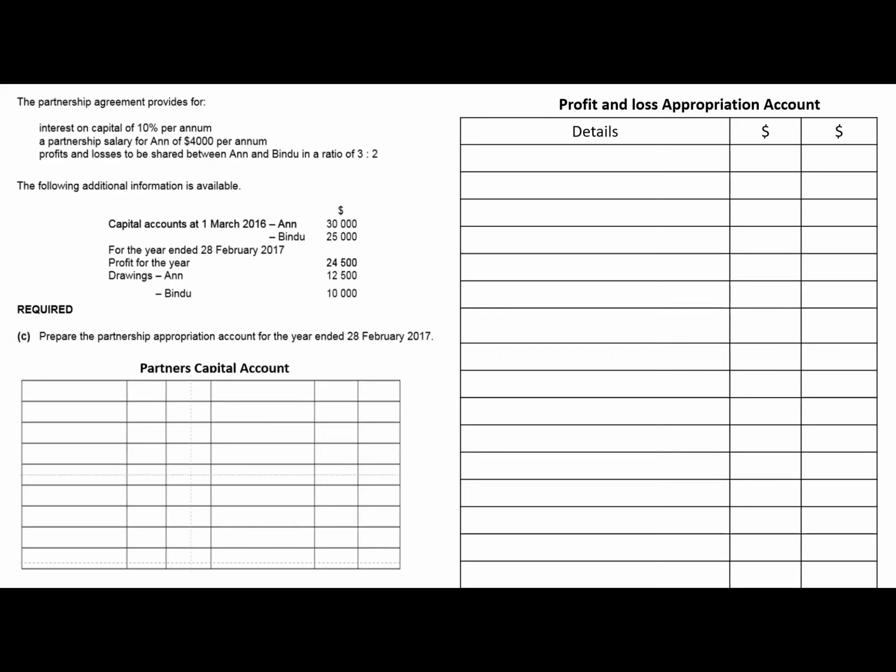Now understand, when you're preparing your partner's profit and loss appropriation account and partner's capital account, these two accounts have things that are related between the partners and the firm.